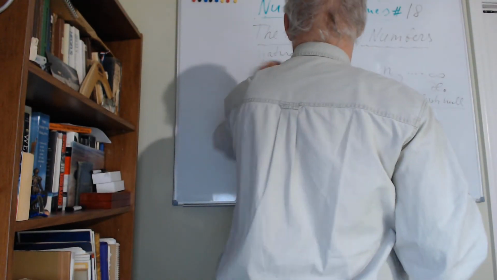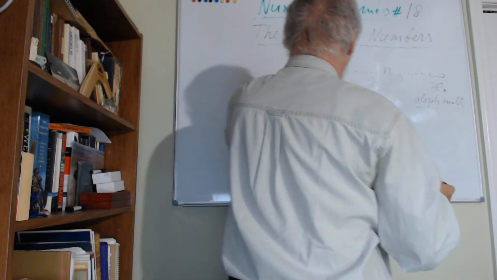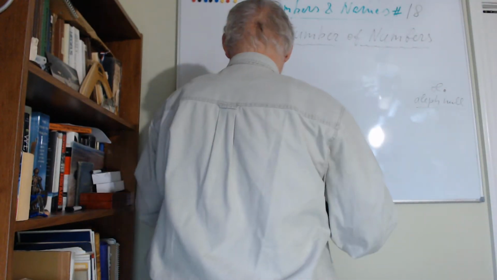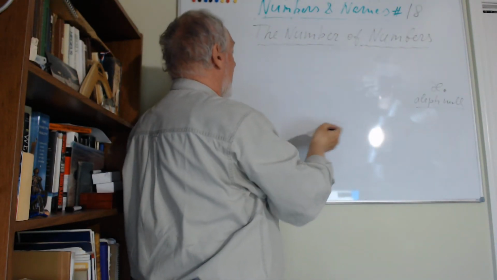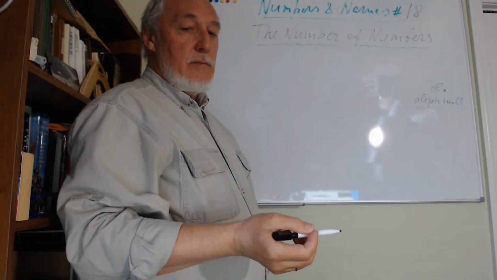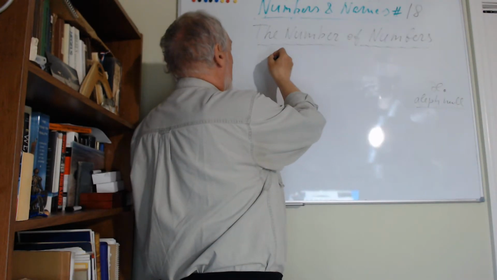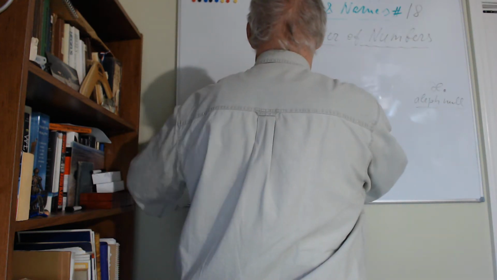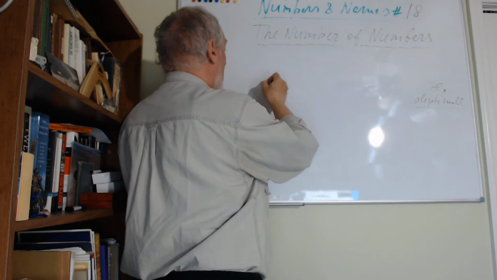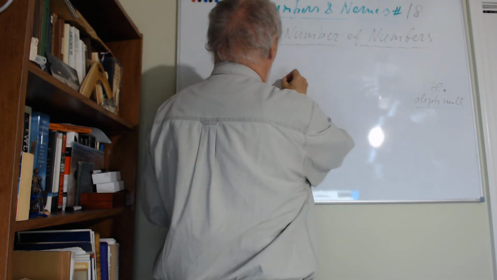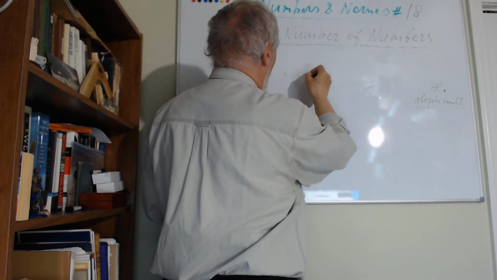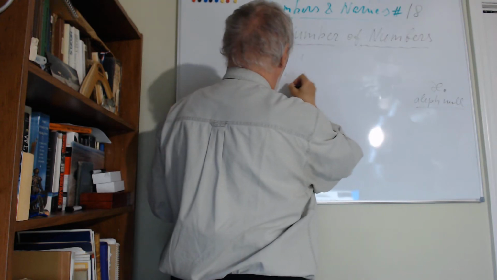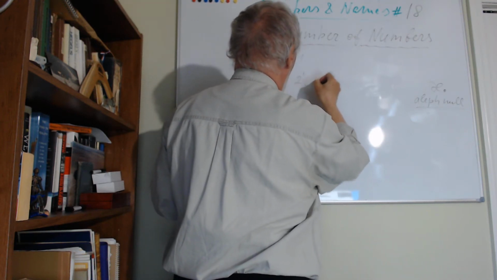Let's go a little further. For example, let's count not natural numbers, but squares of natural numbers. The square of 0 will be 0, the square of 1 will be 1, the square of 2 is 4, the square of 3 is 9, and so on.